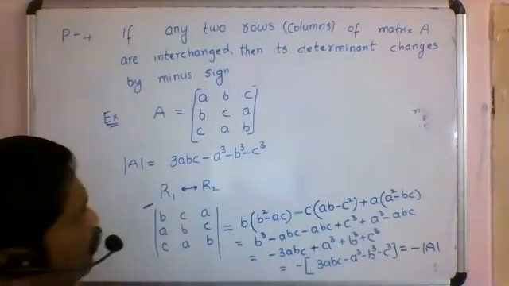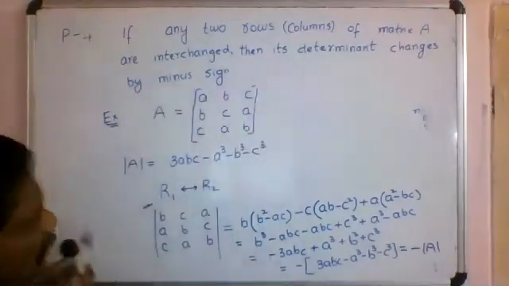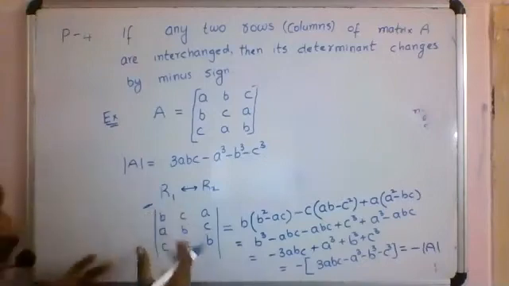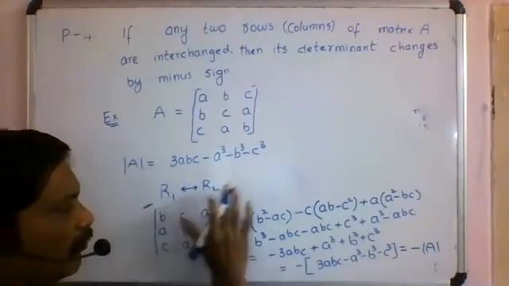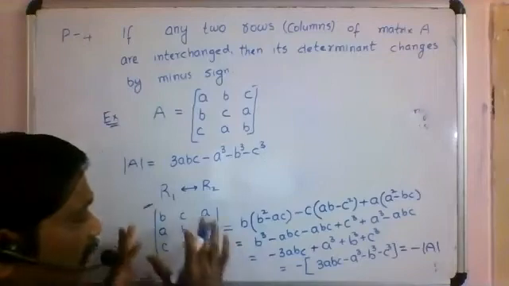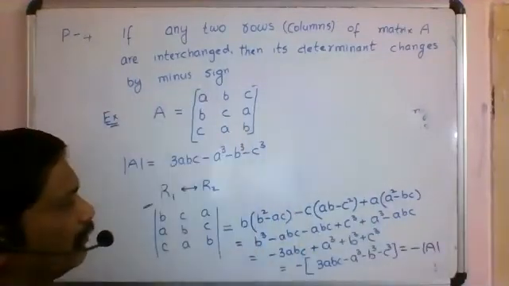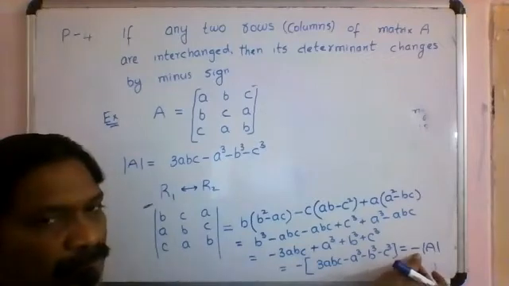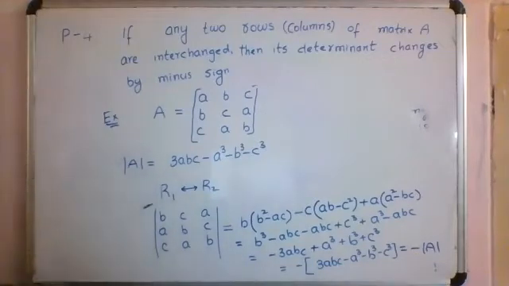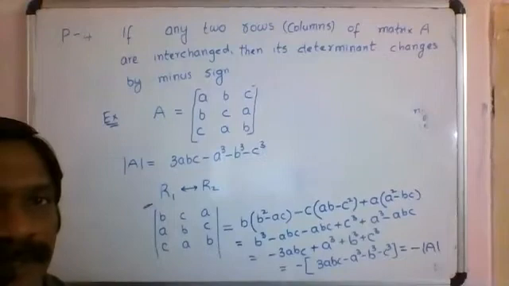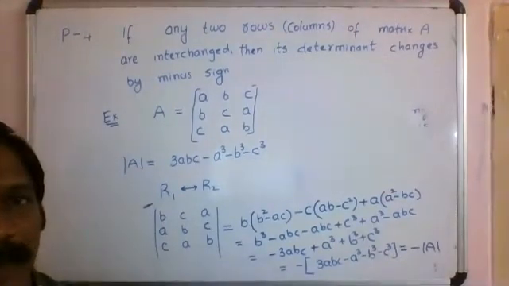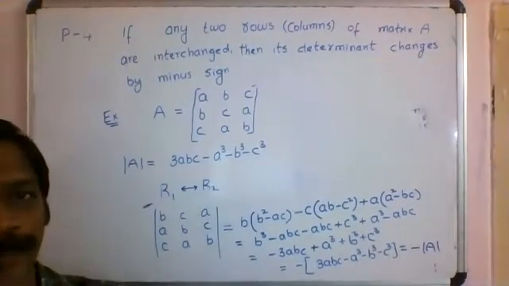You can interchange any two rows or columns as well. If you interchange any two rows or columns, what we observed, its value is going to be again det A, same answer, but with a negative sign. So in so many problems, you are supposed to use this property. Remember this property. Come on, note down.